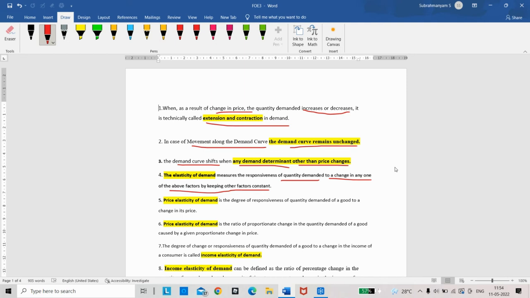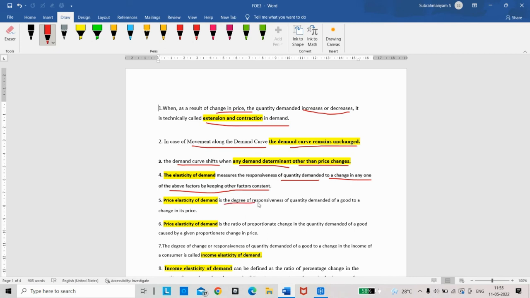Suppose the one factor is change in the price, then we keep the other factors, that is change in the income and change in the price of other related goods, constant. Suppose one factor is change in the income, then the two factors, change in the price and change in the price of other related goods, are constant, like that.